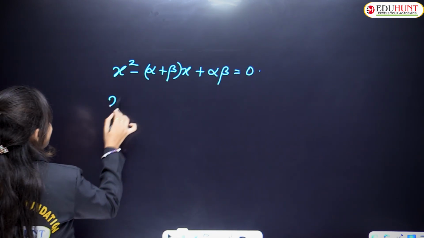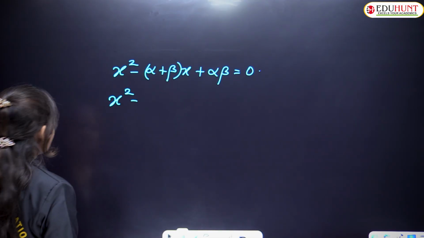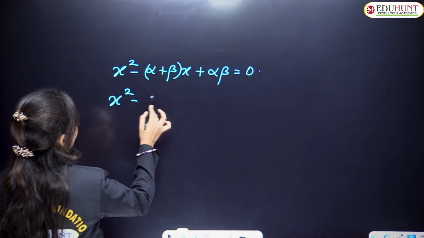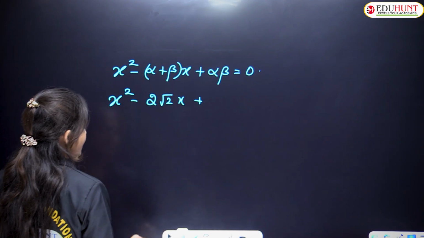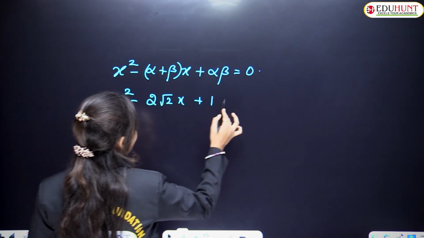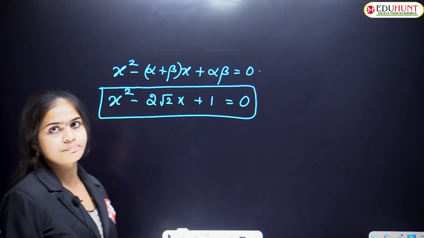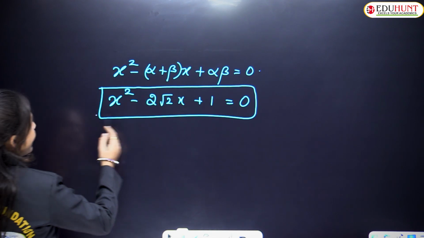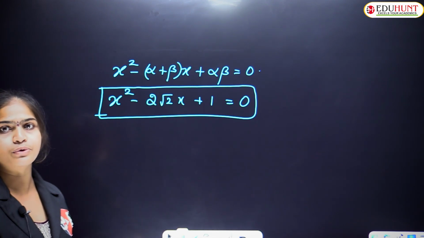So x square as it is, sum of the roots is 2 root 2, so 2 root 2 into x, plus the product of the roots, which is 1. So this is the required equation: x square minus 2 root 2 into x plus 1 is equal to 0.